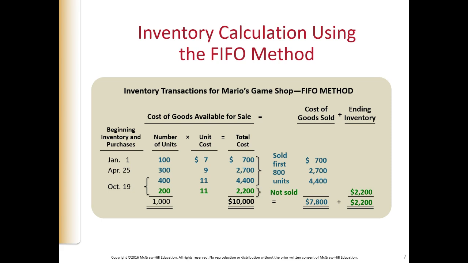So you can see here that the cost of goods sold of 7,800 plus the ending inventory of 2,200 must equal the total cost of $10,000 that we had right here. So 10,000 must equal the total of this number, and of course it does.